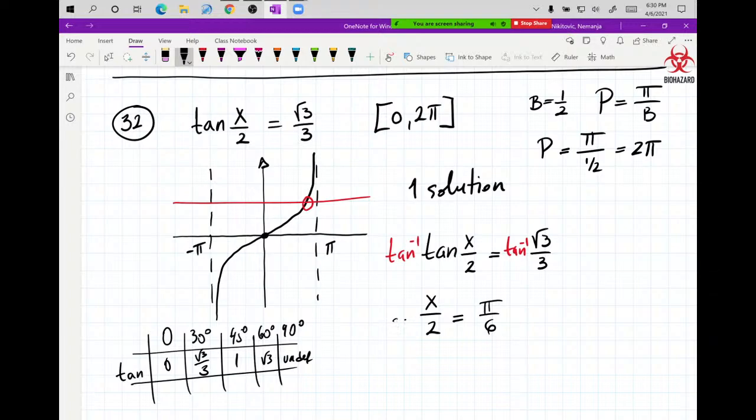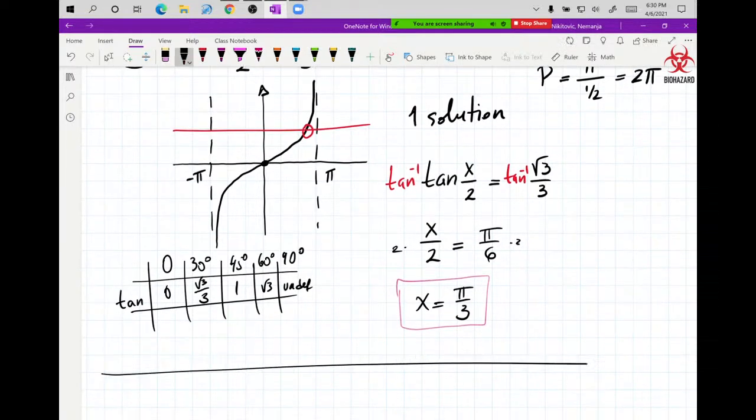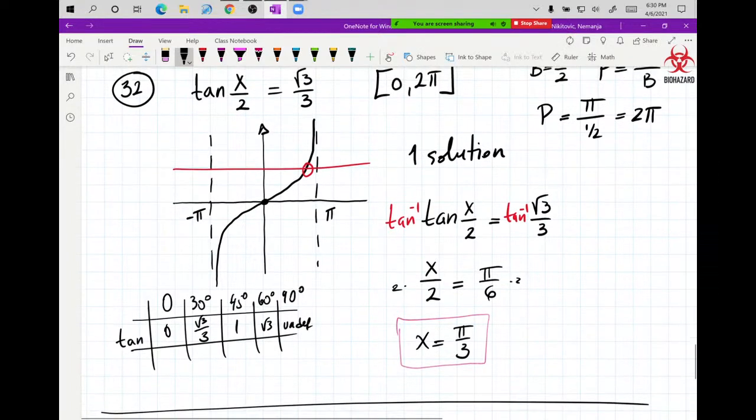And then you multiply both sides by 2, x equals pi over 3, and that's your solution. That's the only solution you have. Pi over 3. The graph shows that you only have one solution, so you don't have to mess around with adding the periods and or writing infinitely many solutions because they just wanted 0 to 2 pi.